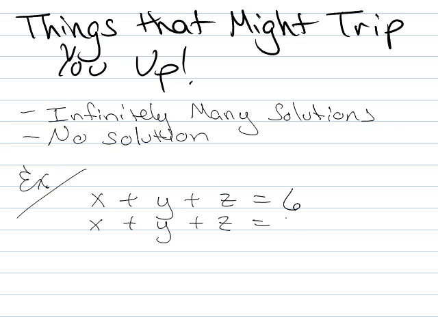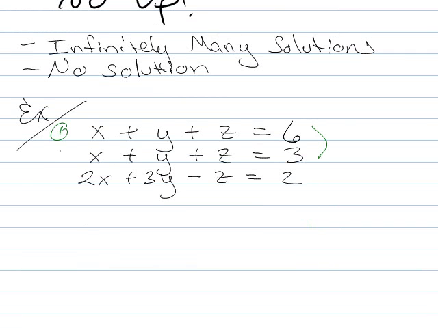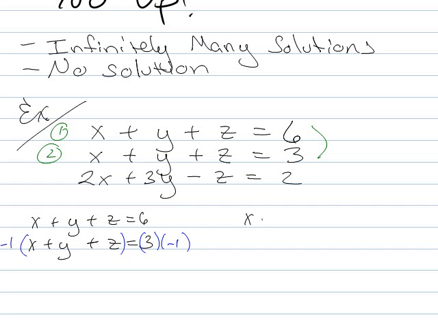For example, this one. Now it doesn't really matter what I write next, does it? Because we can already tell that x plus y plus z can't equal 6 and 3 at the same time. If I were to say, well, let me try to eliminate z, I'm going to multiply this one times the -1 and multiply this one times the -1. x plus y plus z equals 6, minus x minus y minus z equals -3.